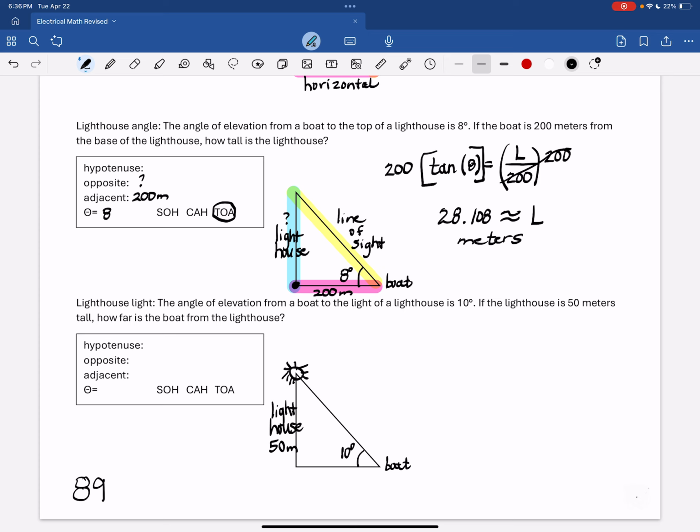And again, we need to know in what direction. Are we talking about the line of sight, or are we talking about this horizontal distance? And I want to use the horizontal. So let's make that clear. On the horizontal distance, or in other words, on the adjacent.